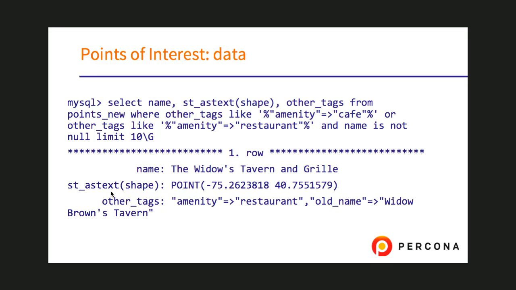The most common application usage is: give me 10 points around my location. Think about a mobile application or any web application that needs to display 10 or 20 points of interest, whatever it is. I also want to filter by what kind of point of interest it is, so I want to find all the cafes or restaurants.